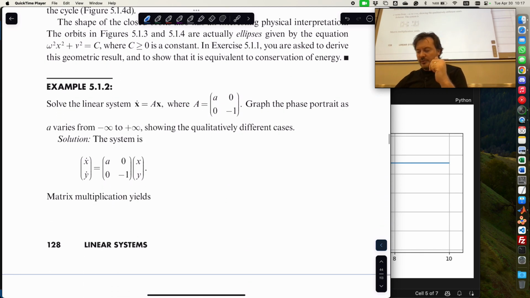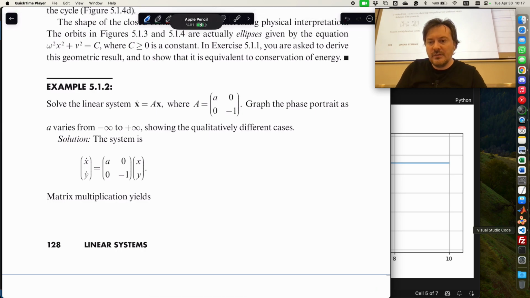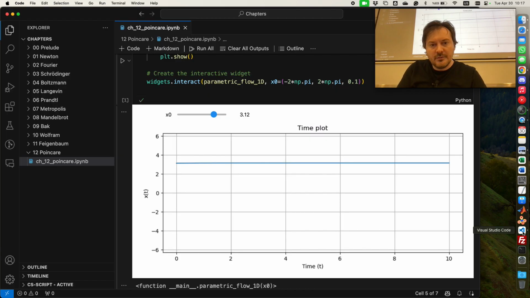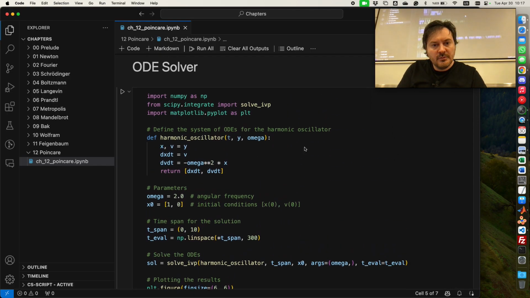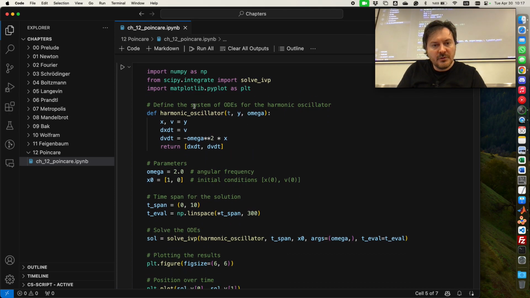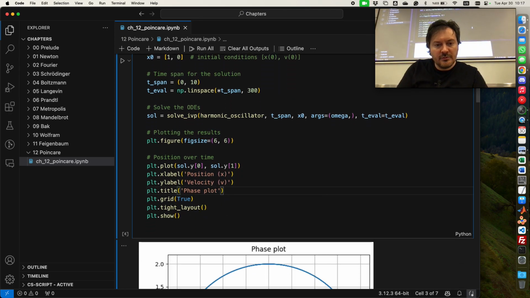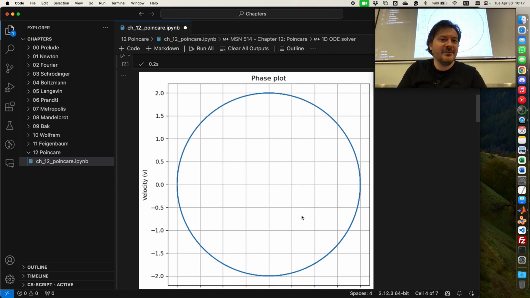Do we have a code for this? I guess we have a code for this, just for the sake of having a code. Here it is, harmonic oscillator: dx over dt is v, dv over dt is minus omega squared x, and if you run this, you get a phase plot. Very nice.